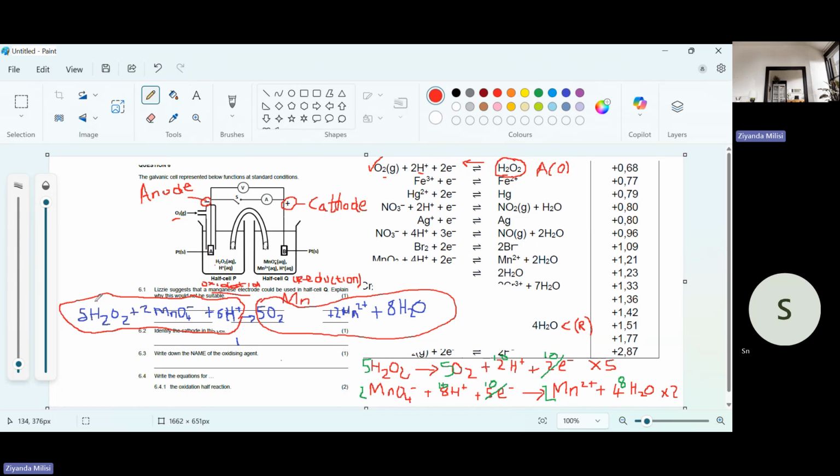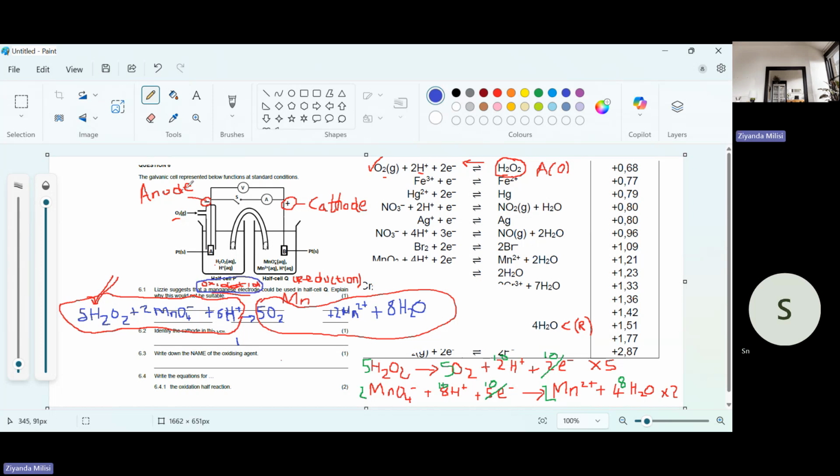Therefore, H2O2 is a reducing agent. It's at the anode. Remember, you cannot oxidize yourself.